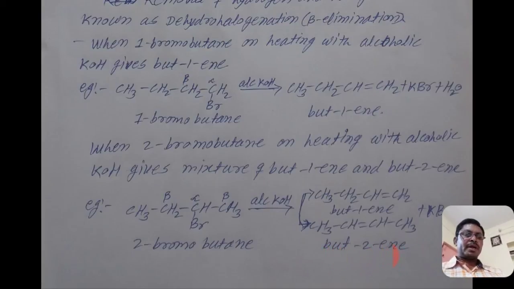When that product is formed, the other beta hydrogen atom is eliminated with the bromine, and we get a double bond between these two carbon atoms, so we get but-2-ene. The potassium combines with bromine, and the removed hydrogen combines with the hydroxyl ion, giving KBr and H2O.